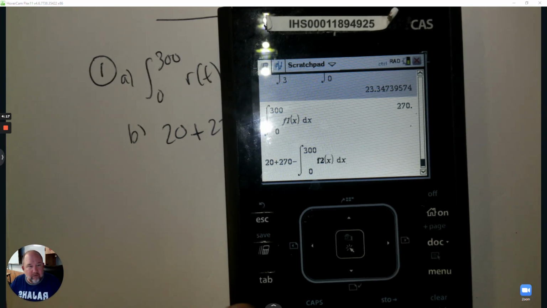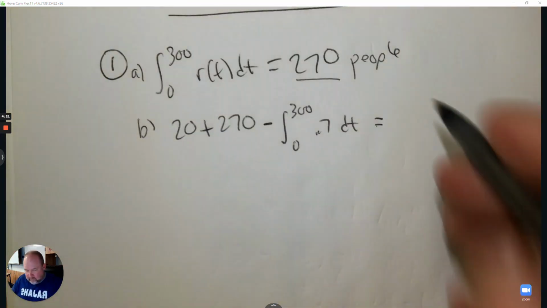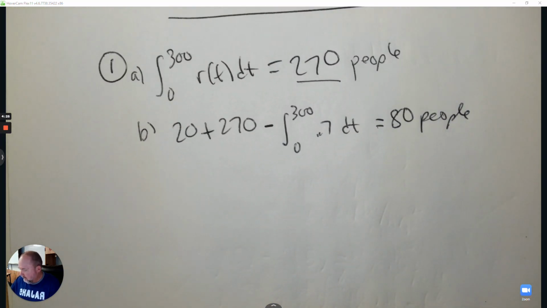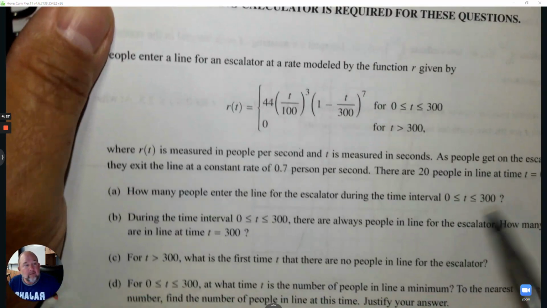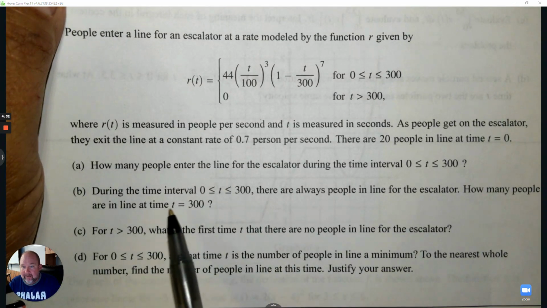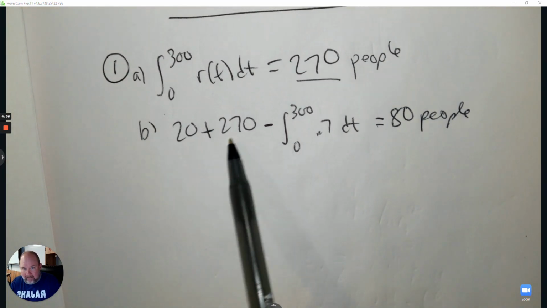Then control enter, and there are 80. So the second question is, how many people are in line at t equals 300? And the answer is 80. It's what you started with, what you added, and what you subtracted, all put together.